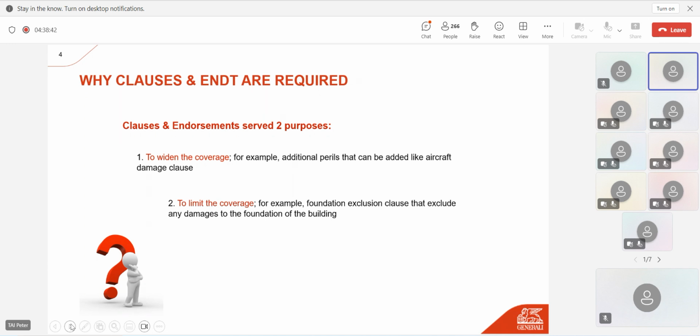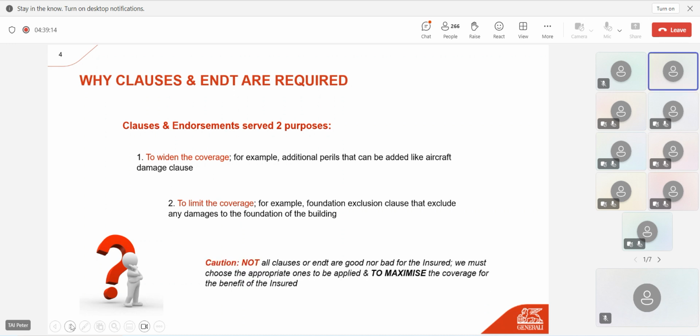Normally they will just put a sublimit on this policy or this clause, or they will put a condition, or put a warranty. So basically, all these are considered clauses and endorsements that are added onto a policy to make the policy complete, or make the policy more secure, and also either to give a wider protection or to limit the losses. Okay, so basically two things.